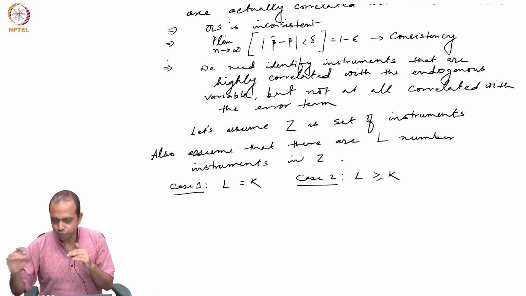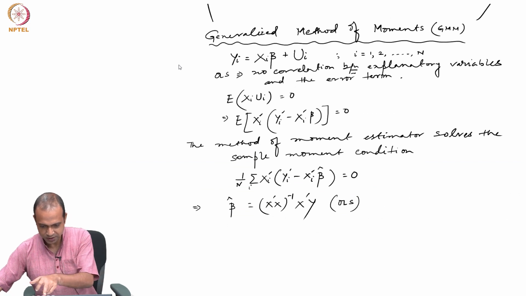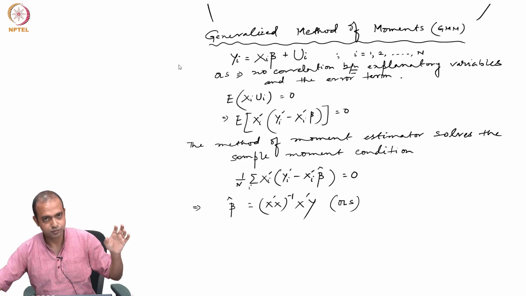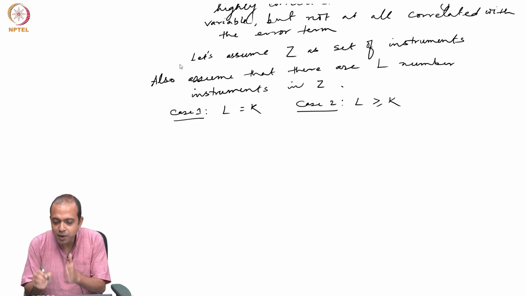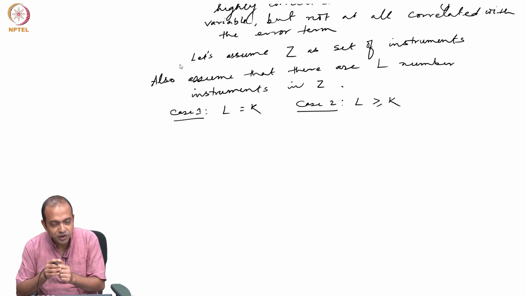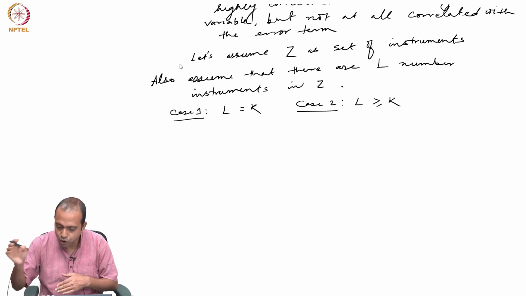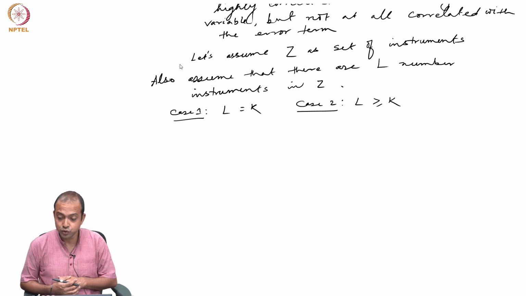If we go back to our original equation, beta consists of K number of parameters including the intercept. So I have K number of parameters to be estimated, but I have L number of instruments within this Z instrument matrix, and L can be either equal to K, or L can be greater than or equal to K.